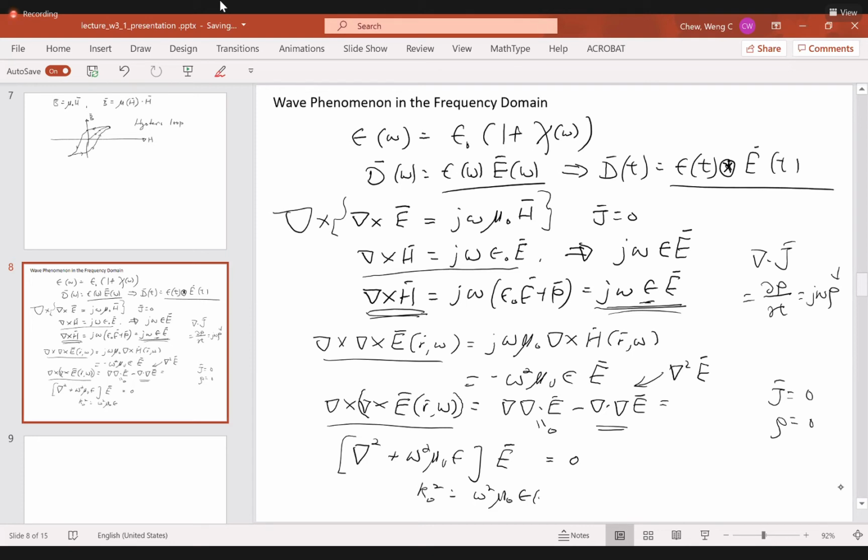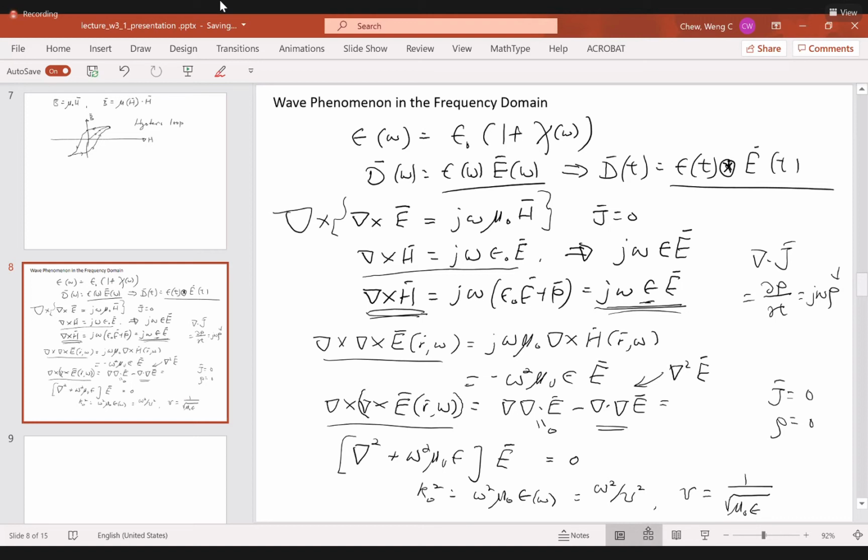Then this is equal to omega squared over v squared, where v now is something that is different from what we know before. It will be given by 1 over the square root of mu naught epsilon. So whatever analysis we did before, we find a new velocity which is given by this.